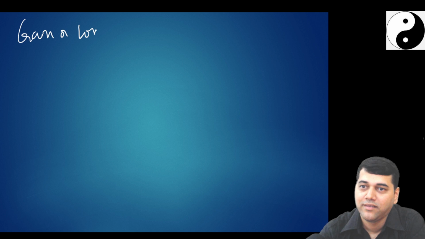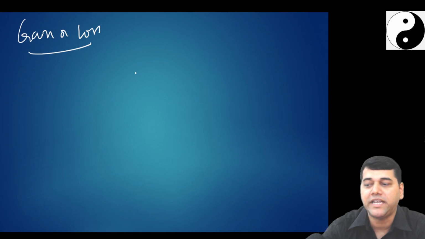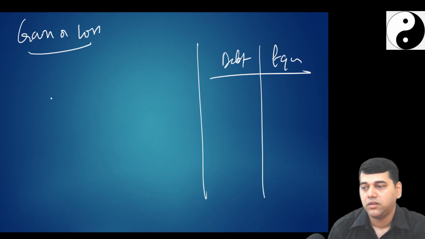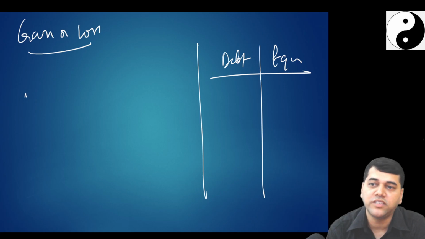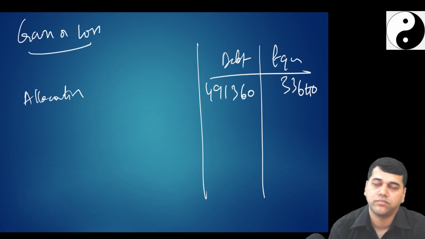Now we will go for the P&L, right? Gain or loss. This time I am going to compare it with the debt, I'll call it equity. How much consideration allocated? 4,91,360 and 33,640.